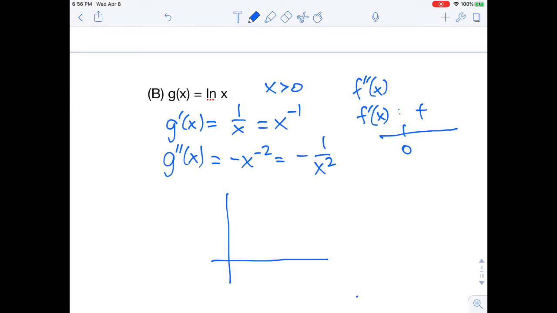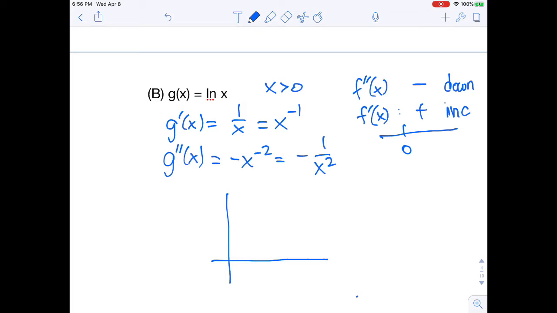Second derivative, when x is positive, the second derivative is negative. So this is going to concave down and increase.